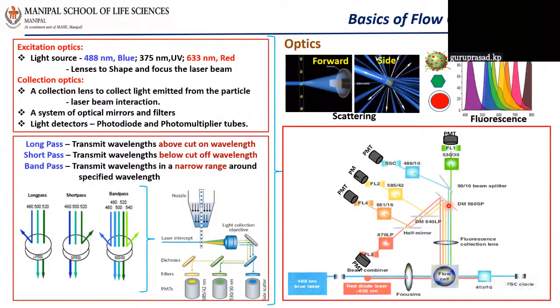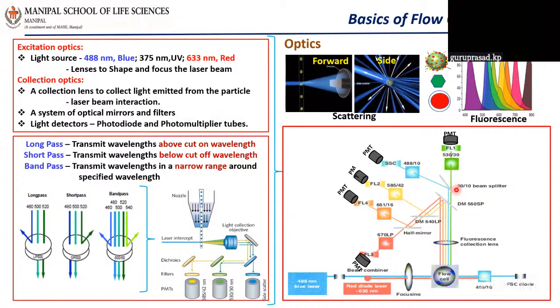A short pass filter allows wavelengths below the cutoff wavelength. For example, 560 short pass means below 560 is allowed to cross this mirror, whereas above 560 nanometer is reflected.